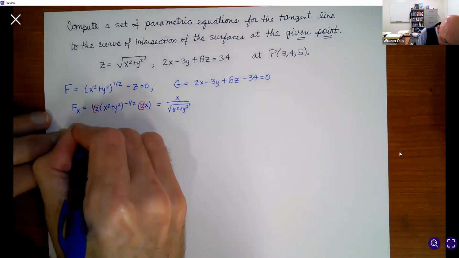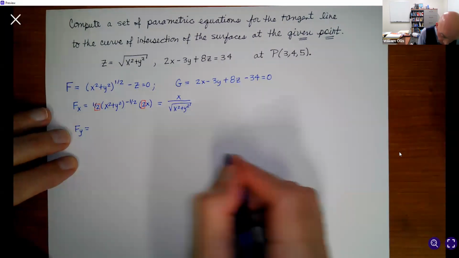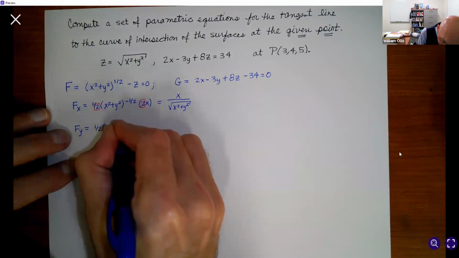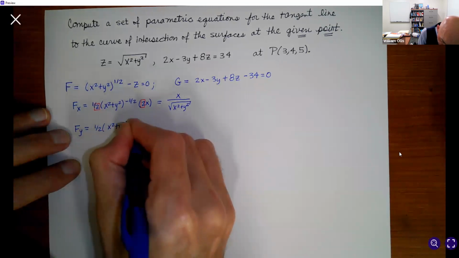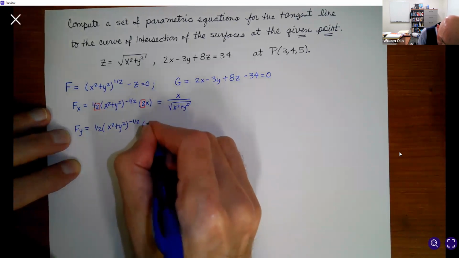Now we get a symmetric calculation for the y partial, 1/2 (x squared plus y squared) to the negative 1/2. Well, I'm doing it, but you could probably just go ahead and write it down, times 2y.